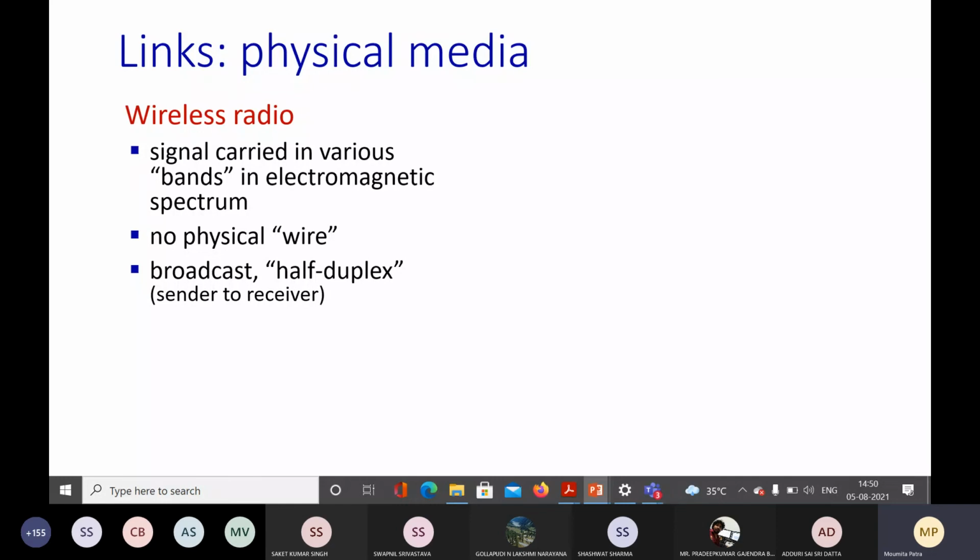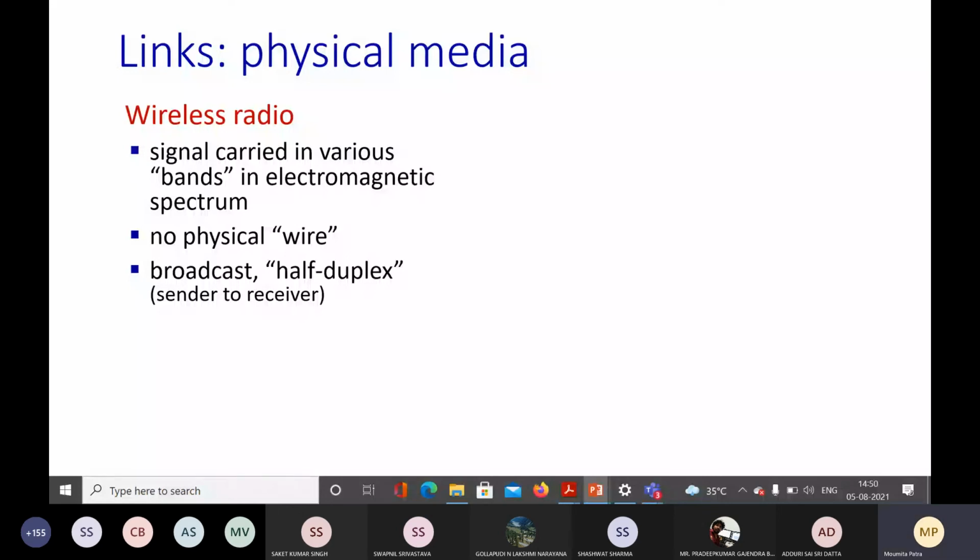That means one particular transmitter can transmit its information to several receivers in its transmission range at the same time. It's like shouting from the top of your house so that everybody in your neighborhood can hear you. That's what broadcast is, right?